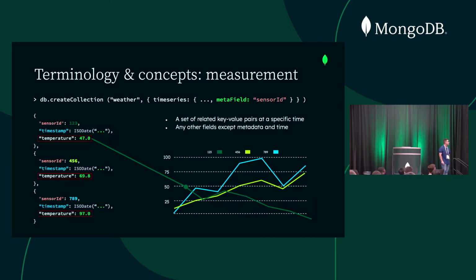For simplicity and screen real estate, this is just a simple temperature value. There's no restriction to flattening your data or not working with the normal MongoDB document structure. You're actually going to see better performance as you put more measurements in, to a certain extent. If you want to be flat, you can be flat, but you don't need to be.